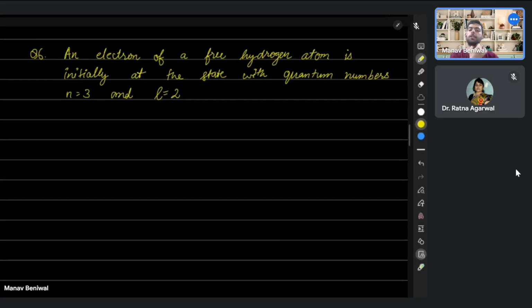So these are the initial quantum numbers of an electron of a free hydrogen atom.